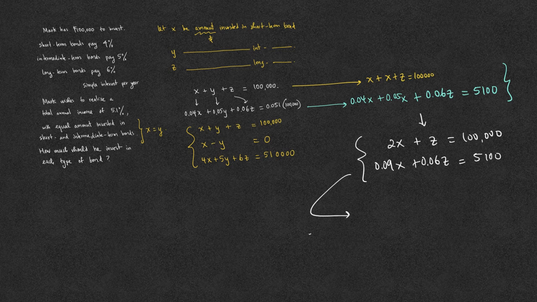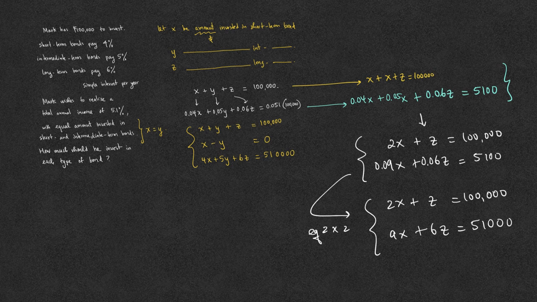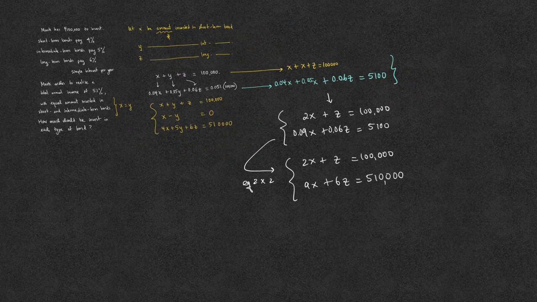We then multiply the second equation by 100 to get an equivalent system of equations. 2x plus z equals 100,000, and 9x plus 6z equals 5100 times 100, so this is 510,000.